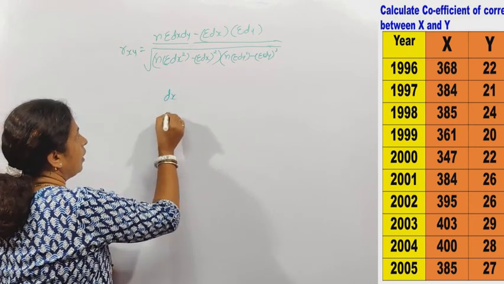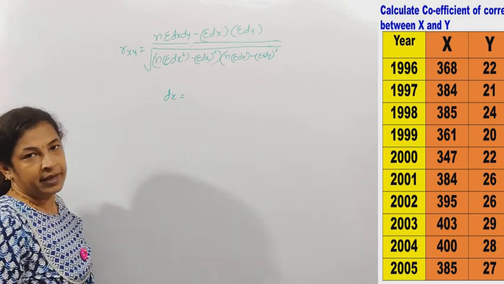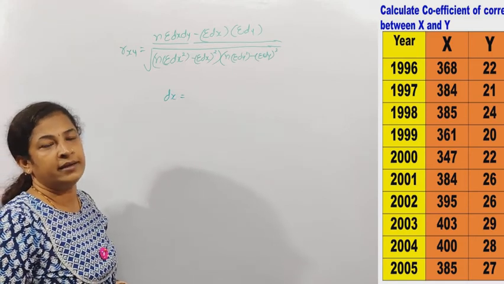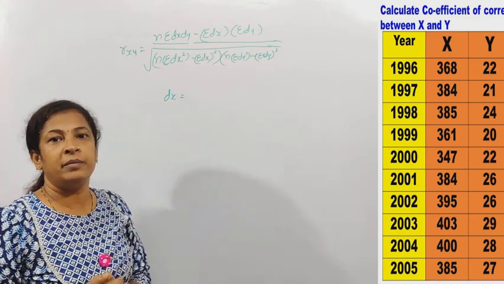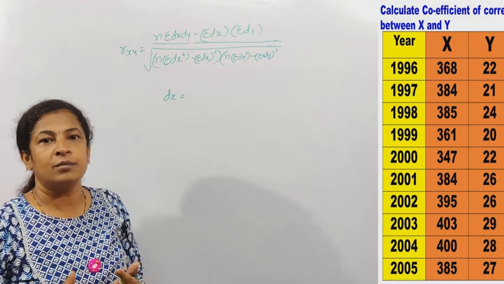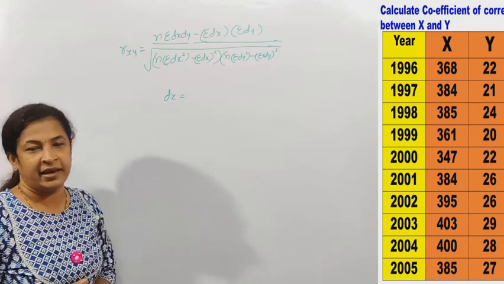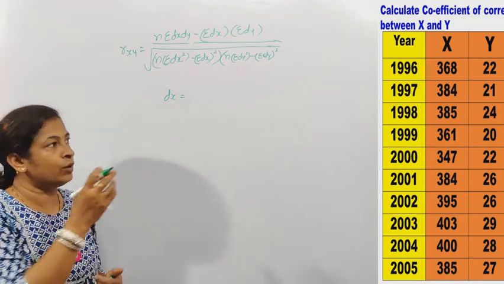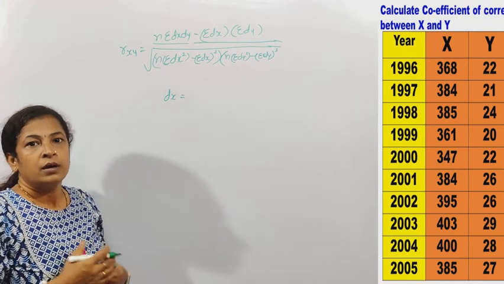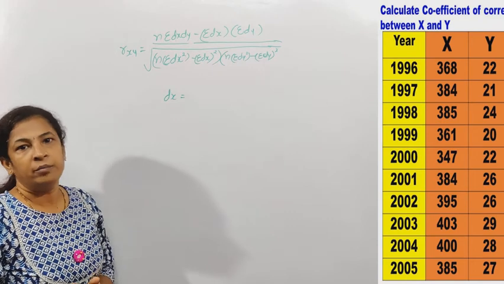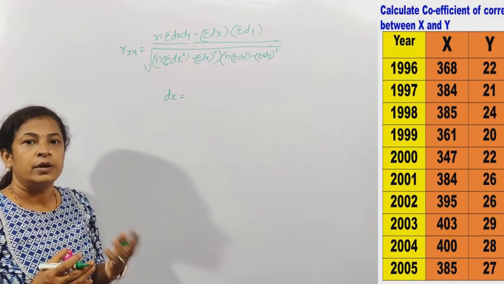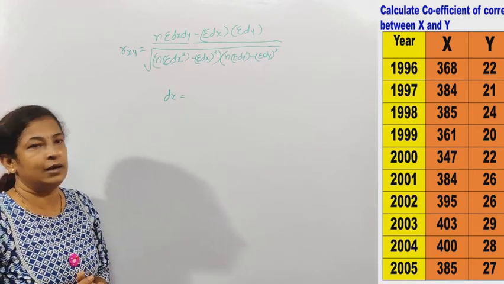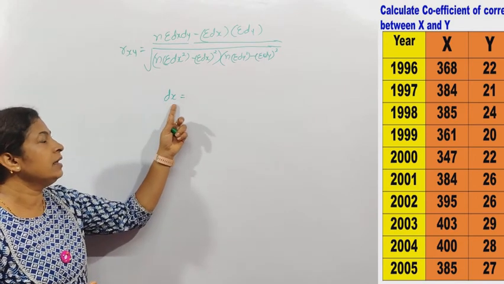Here we are following the assumed mean method. When you follow the assumed mean method, you need not calculate the actual mean by the formula sum of x by n or sum of y by n. You can just pick a number out of the values to consider as the assumed mean value. Then you have to calculate deviations, that is dx.